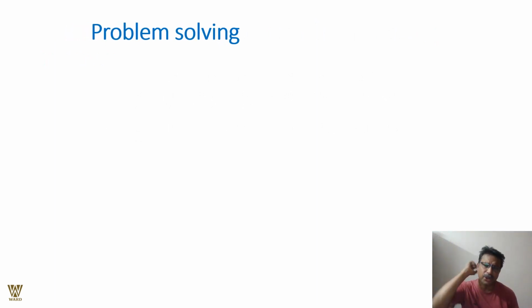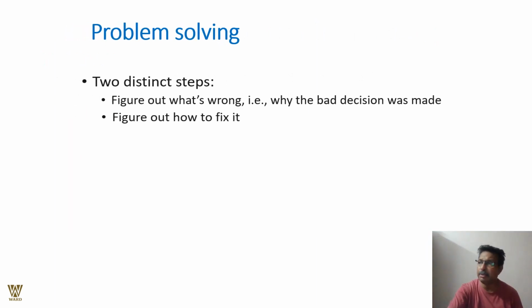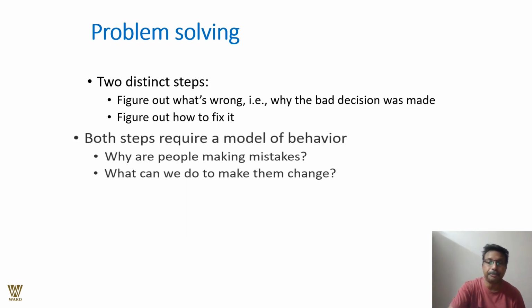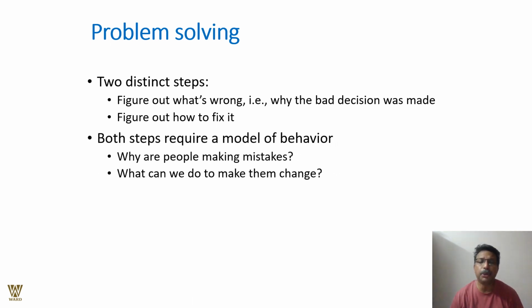And how do we go about it? We are talking about managerial economics at this point of time. There can be two distinct steps: figure out what was wrong, why the bad decision was made, or figure out how to fix it. So either you are looking into the past or you are looking into the future. Both steps require a model of behavior. What went wrong in the past and how do we rectify it in the future?